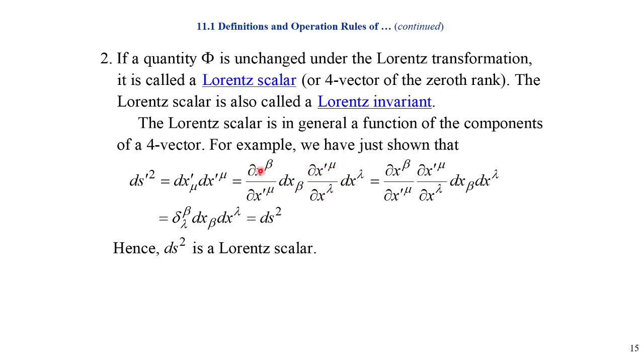Superscript, and this can be rewritten and cancel. So eventually we have a delta function, that is beta equals lambda, then this is 1, otherwise 0. So we can rewrite it as s square. So s prime square equals s square.